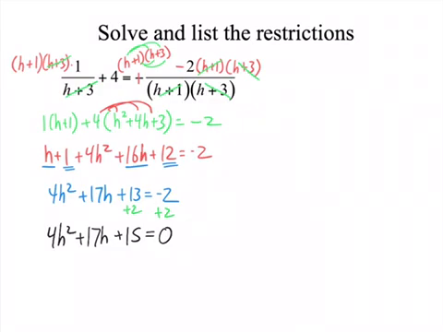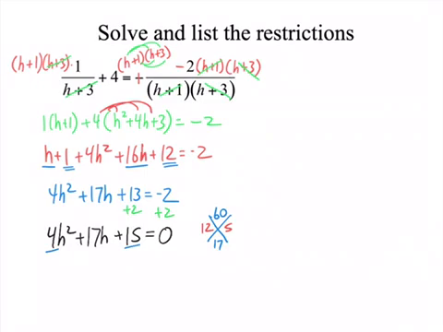So, in order to solve this, you're going to need to factor. So, we're going to multiply 4 and 15. That gives us 60. 17 on the bottom. Now we got to think of two numbers that multiply to get 60 and add to get 17. So hopefully you notice this is 12 and 5.